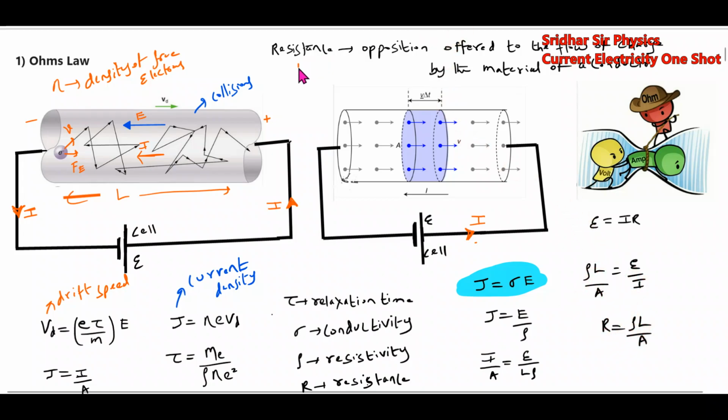This is R. No, sir, what do you mean by resistance? We applied some potential difference here, then we have the electric current. So how are they all related?